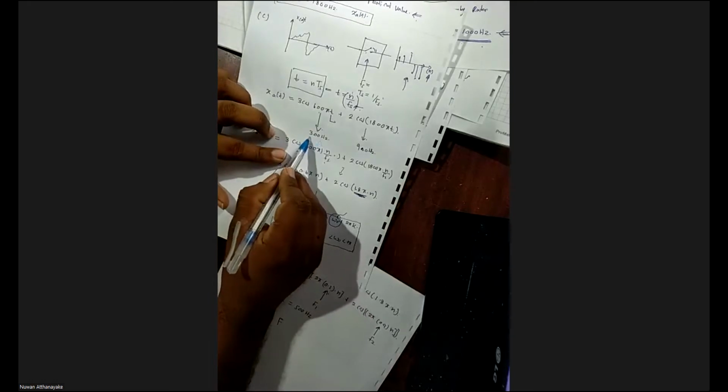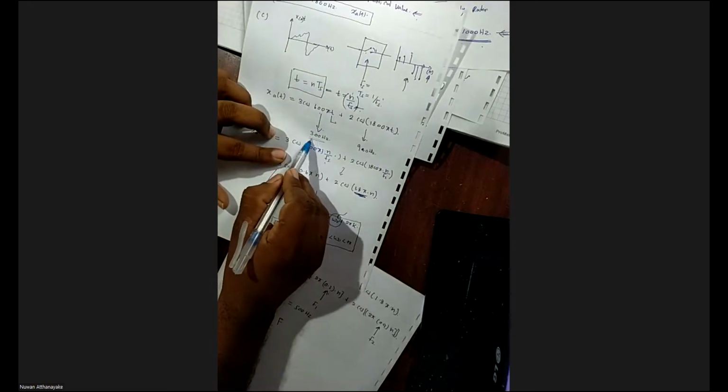If not, we have a problem. For the lower frequency cosine signal, let's call it f1, Fa is greater than f1, so there is no aliasing effect.